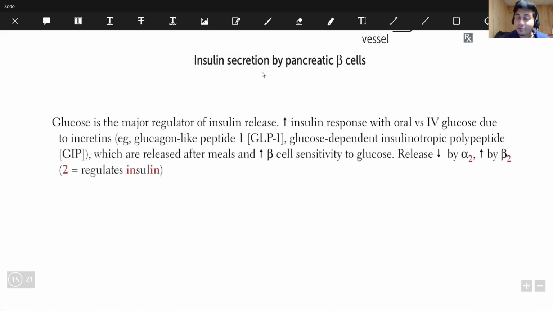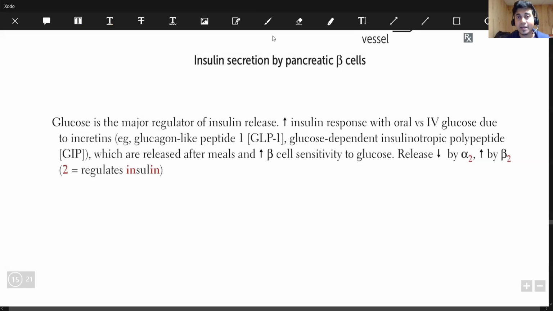So if norepinephrine stimulates both alpha-2 and beta-2 receptors on your pancreatic beta cell, it will lead to decreased insulin release through the alpha-2 mediated mechanism.